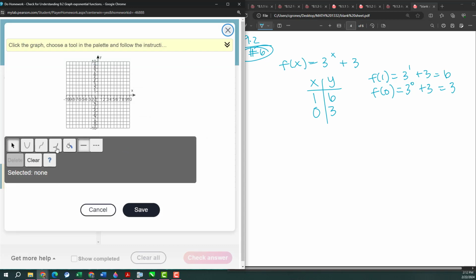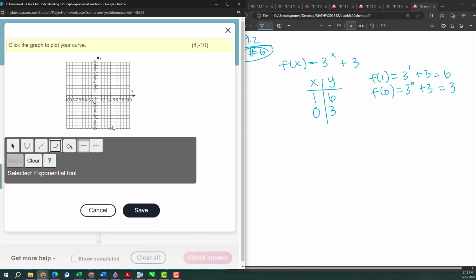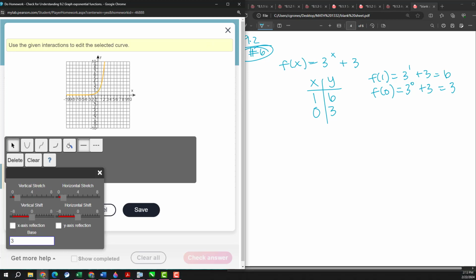Let's click on our graph. We're going to use this exponential tool. I'm going to start with our second point, (0, 3). It does pop all of this up. Our base is going to be 3.